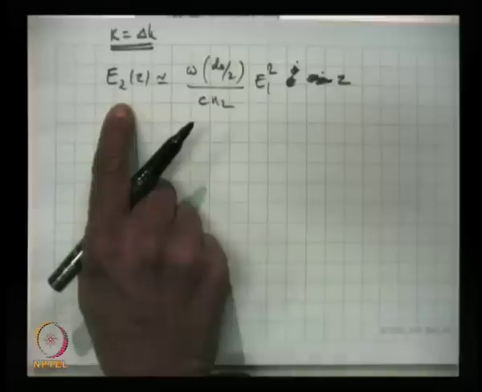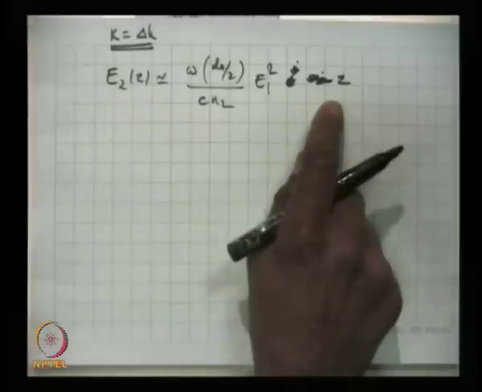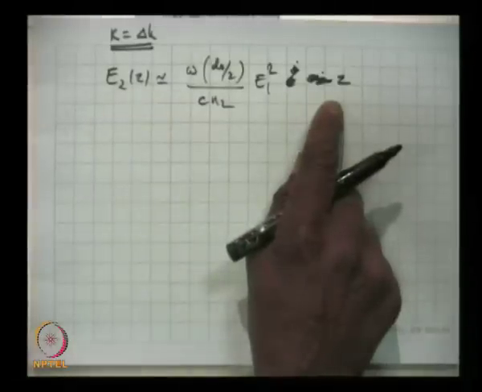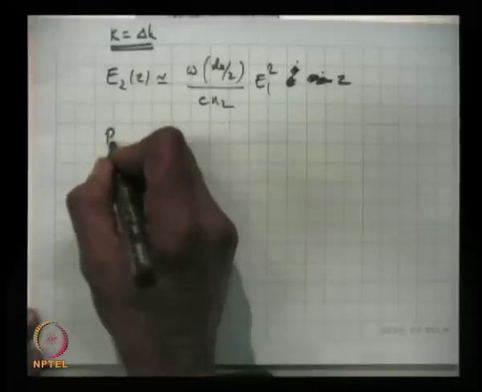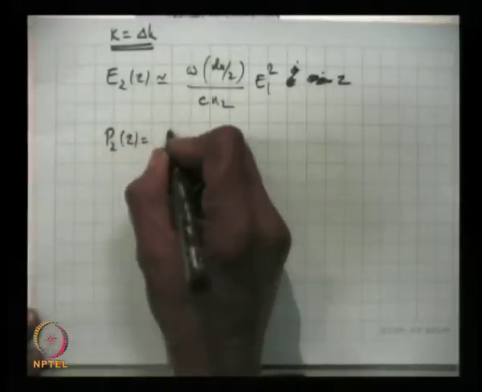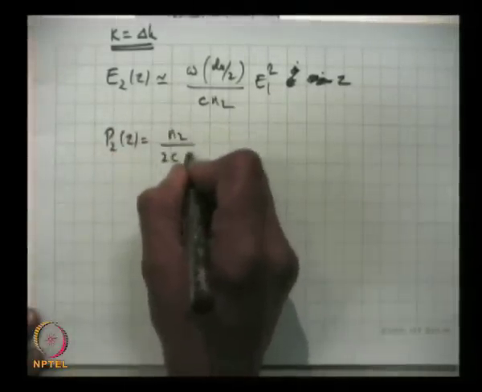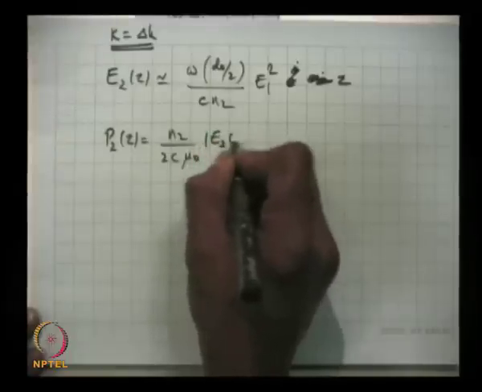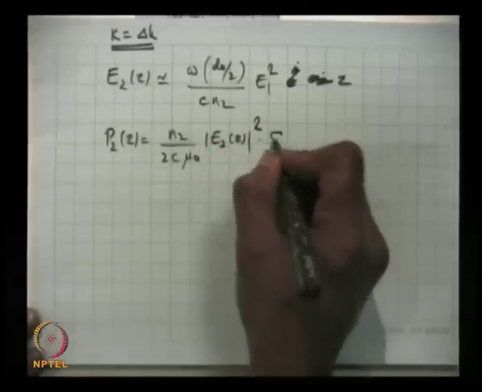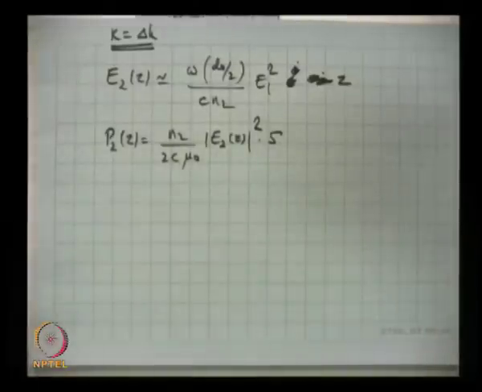So, the power in the second harmonic will now grow quadratically with z, at least for low conversion efficiencies, because P2 of z will be n2 by 2 c mu 0 mod E2 square into the area, and it will be proportional to all the factors.